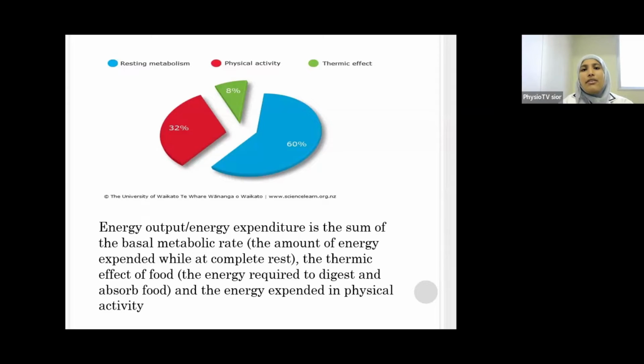And the thermic effect of food, the 8%, is the energy that your body requires to digest and absorb the food that you have eaten. And the other major chunk is the 32%, which is the physical activity, how much physical activity you are doing. So as a physiotherapist, our major concern is this 32% of physical activity. Mind you, the 32% of physical activity also has a major effect on the 60% of resting metabolism.